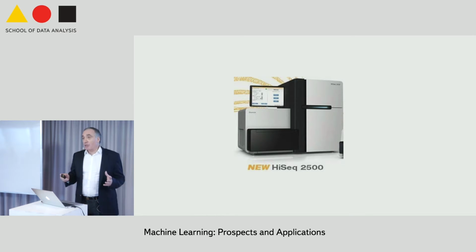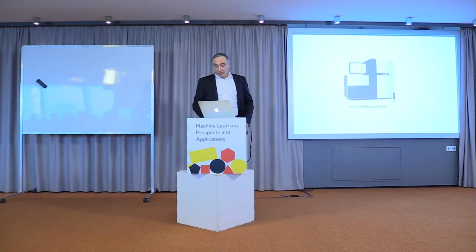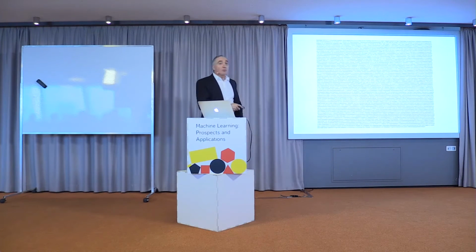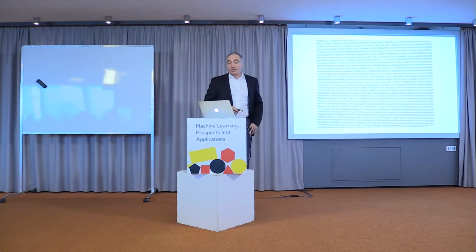When the first human genome was sequenced, it cost $1 billion, and it took 11 years to get there. But today, this machine routinely produces data that looks like this, that of course a human cannot understand. This is the full genome of the AIDS virus. And yours is the same thing, but it's hundreds of thousands of pages looking like this.